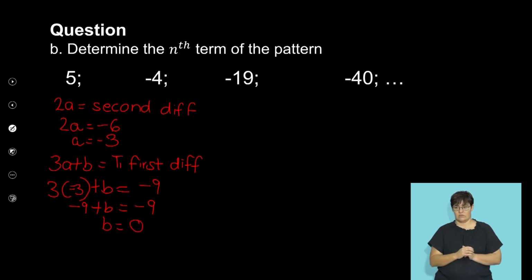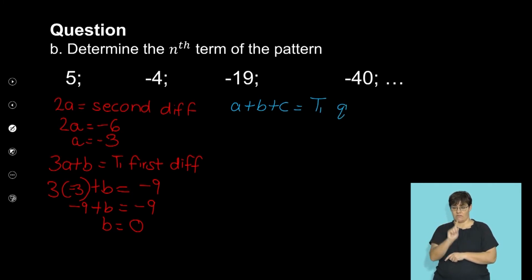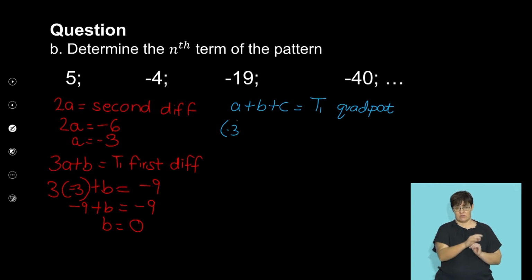Last but not least, I need to find the value of C, and A plus B plus C is equal to the first term of the quadratic pattern. So I've already got my A value, which is negative 3. I'm going to add 0 because I know that B is equal to 0.